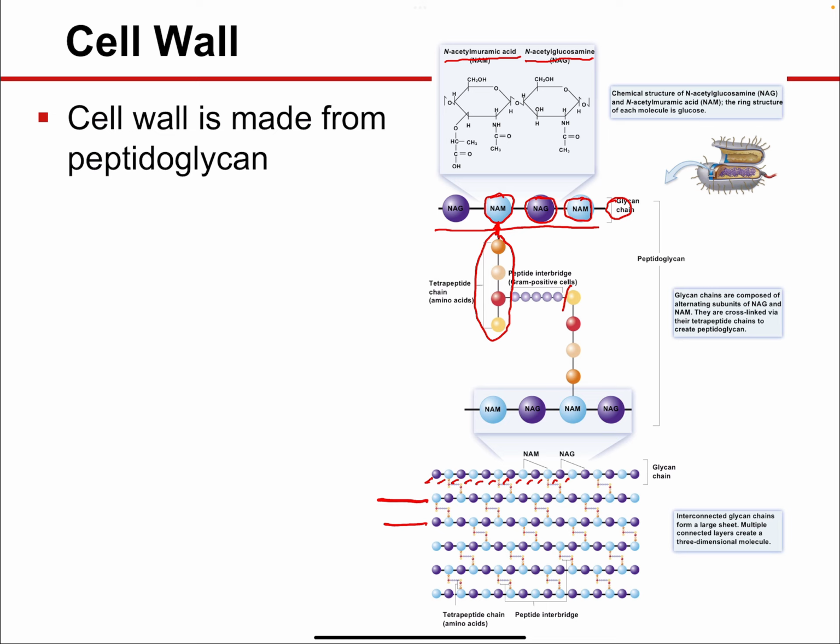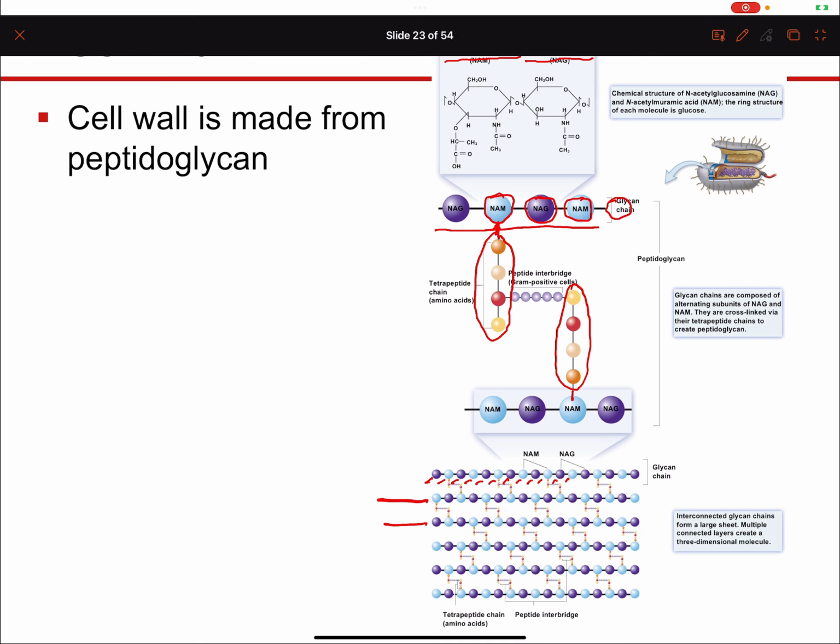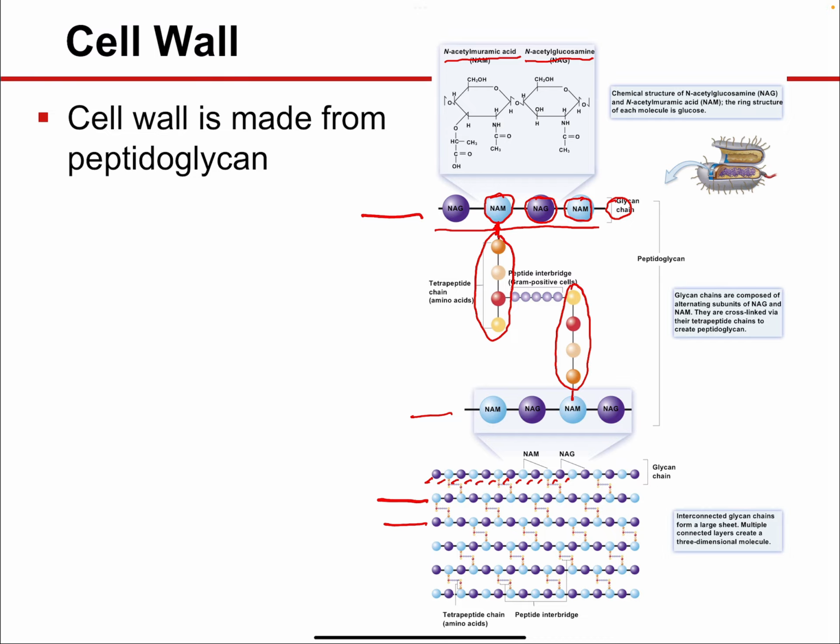Another 4 amino acids right here that are connected to the N-acetylmuramic acid, right? And now notice that this chain and this chain are going to be connected via this interbridge right here.